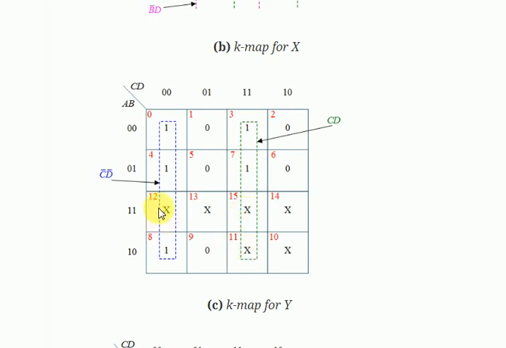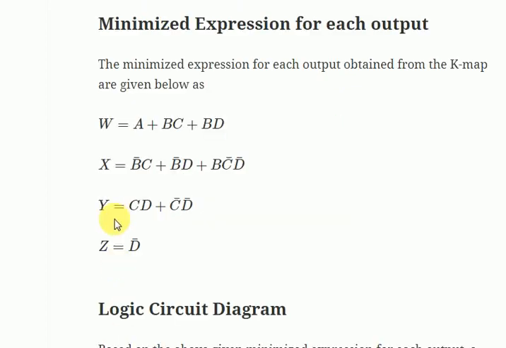For the first quad we get C complement D complement, and for the second we get CD. So Y is equal to CD plus C complement D complement.